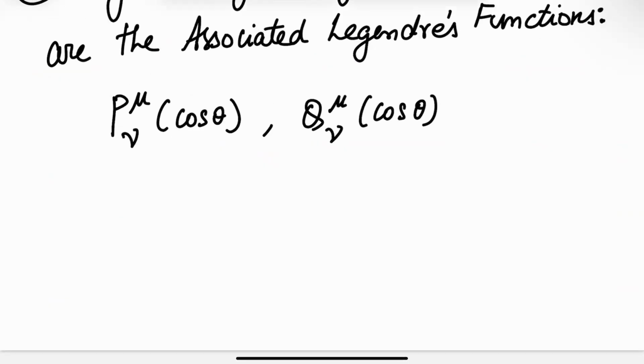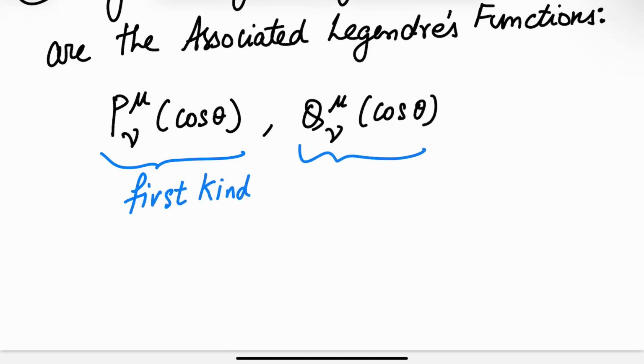These are called associated Legendre functions of the first kind, and Q is of the second kind.